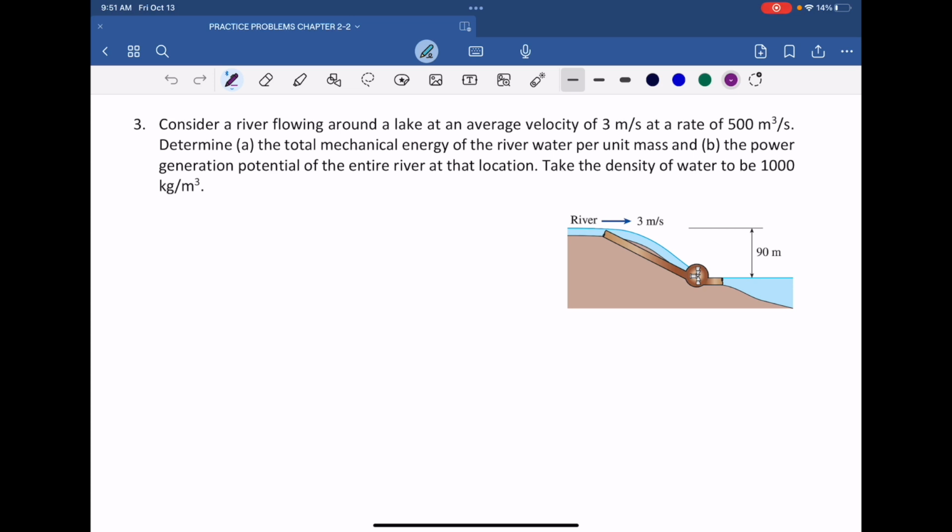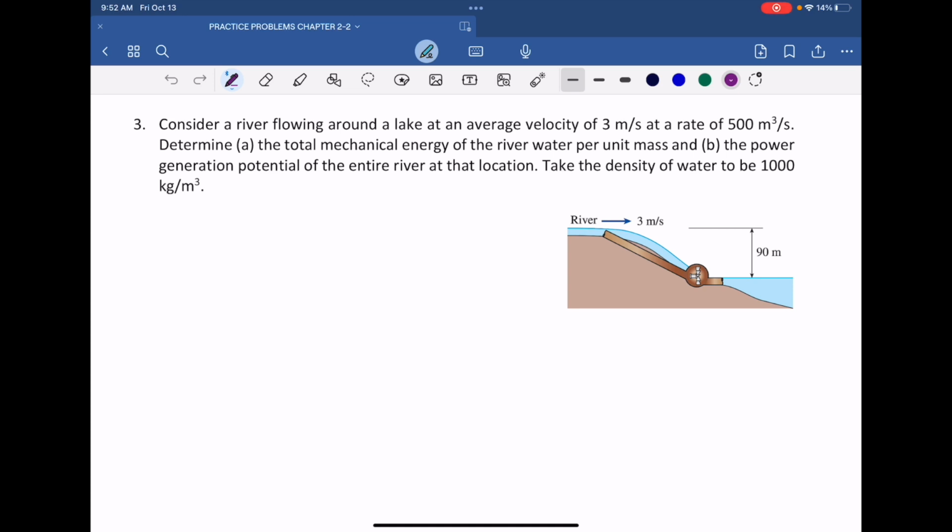So when they're asking for the power generation potential, they are asking for the rate of energy flow, because the rate of mechanical energy is what is equal to the power of that fluid flow. And if they are giving me the density in the problem statement, that means I need to use it somewhere in my calculations.